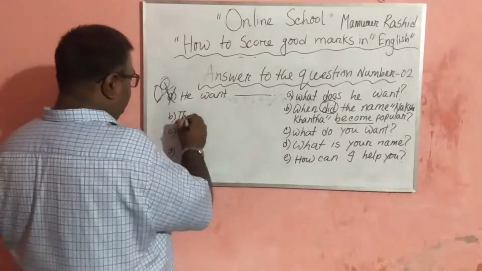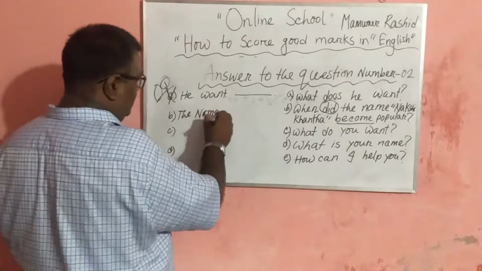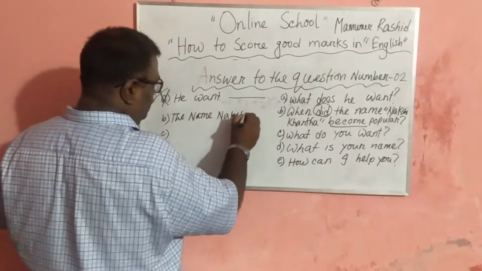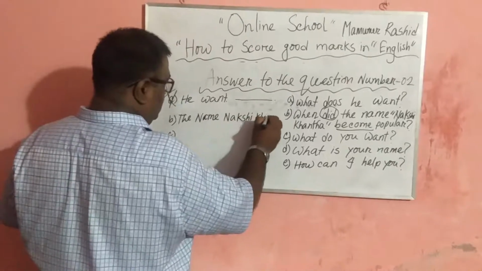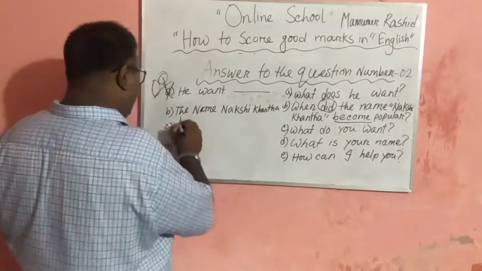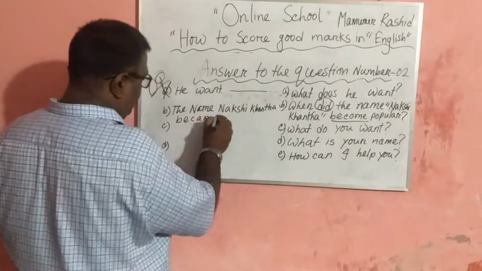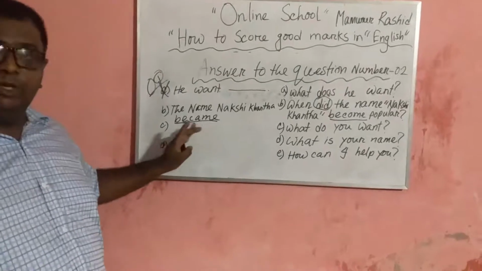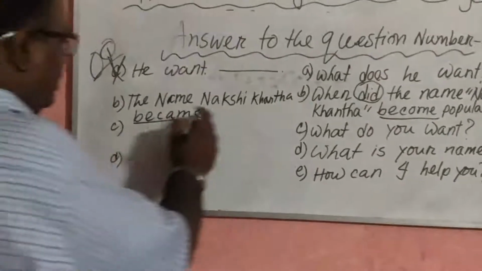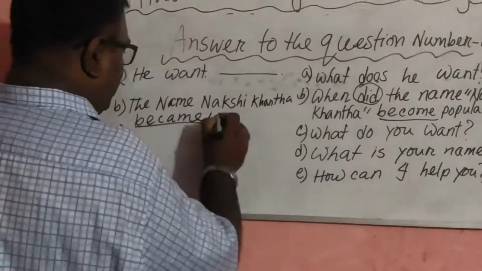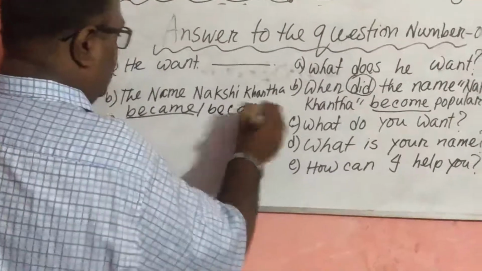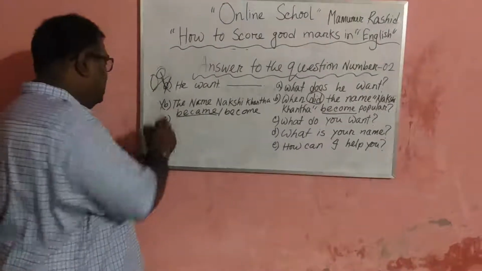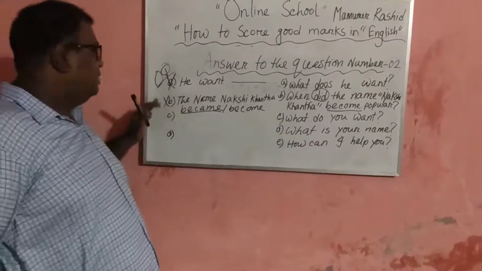Suppose the name Nokshikata became popular. For did, I write here became. So if you don't write became, or you write become, then the answer will be grammatically wrong, and the examiner may penalize you.